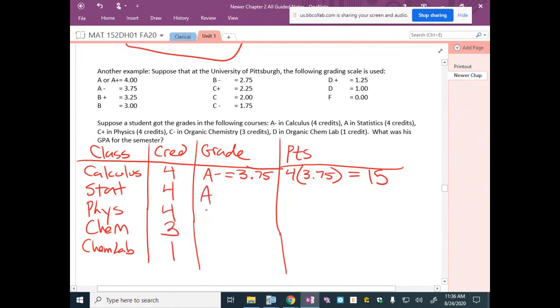So in stats, you get an A, you get a C plus in physics, C minus in chemistry, and a D in the lab. So you're going to have to calculate all of your points.